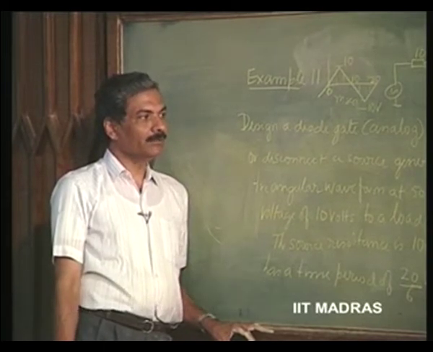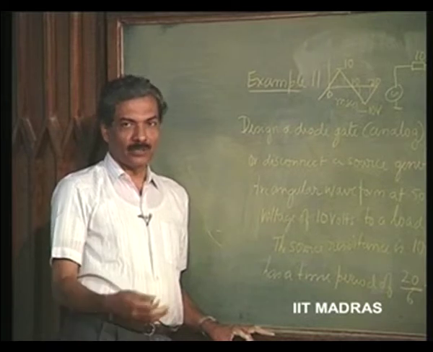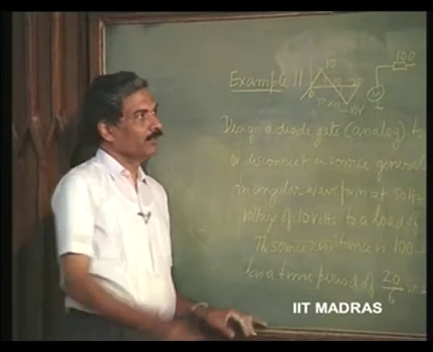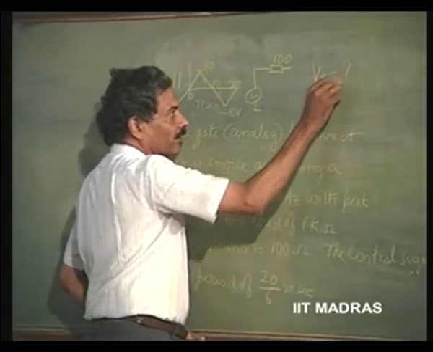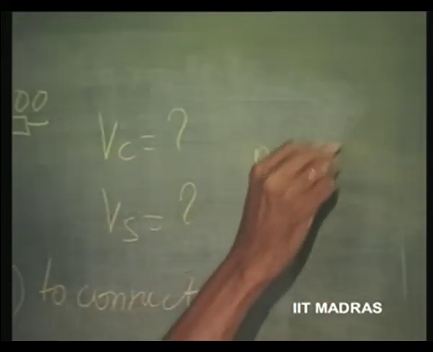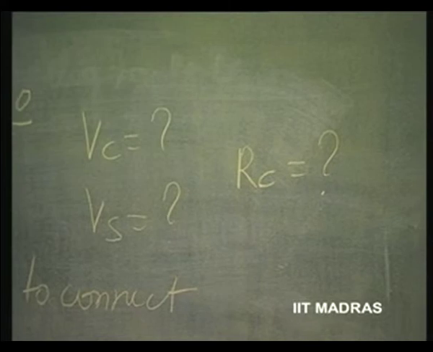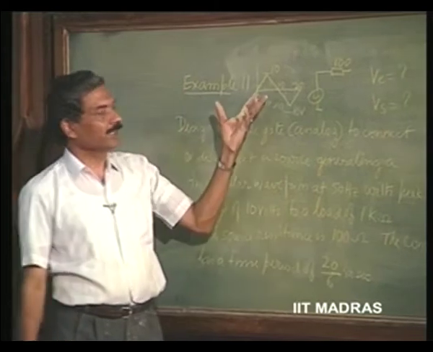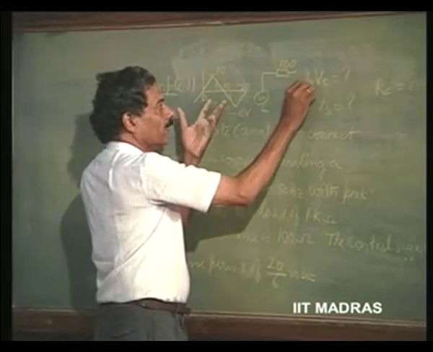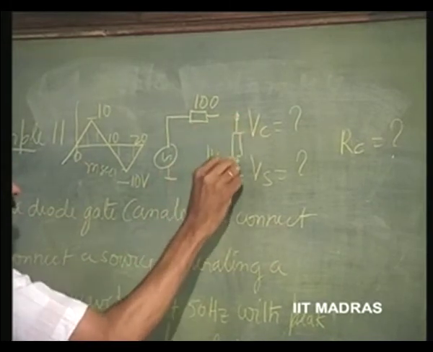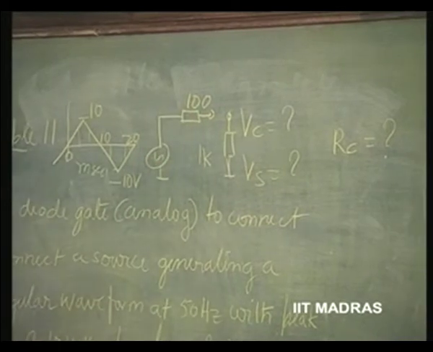Design means we have to give the control signal voltage value, how much Vc is, how much Vs is, and what value of Rc you will put, so that this circuit functions satisfactorily, connecting this source which is generating this triangular waveform to a load resistance of 1 kilo. That's all. This gate therefore comes between this and this.